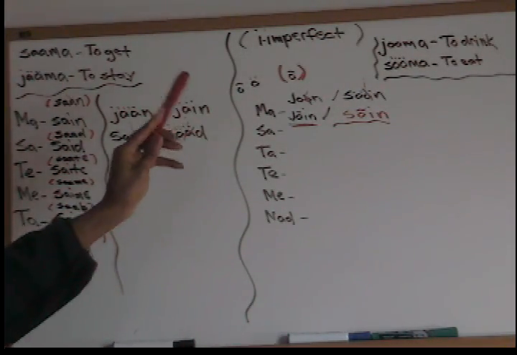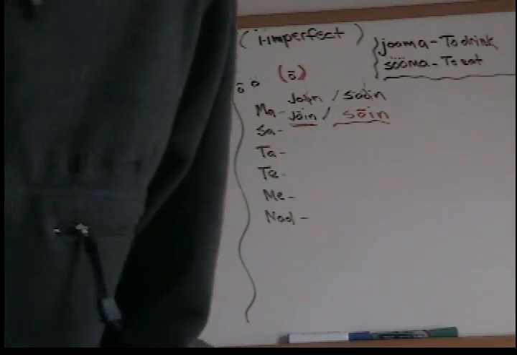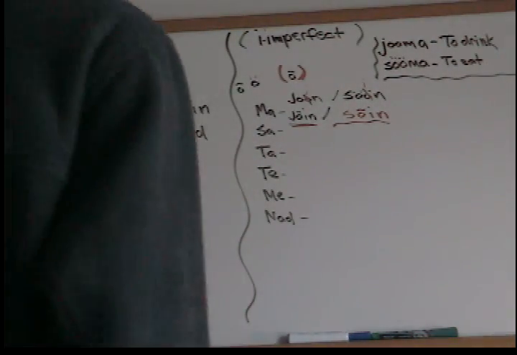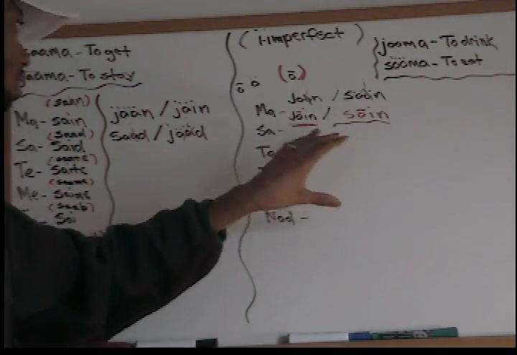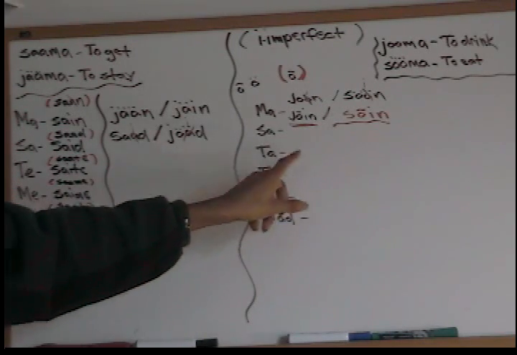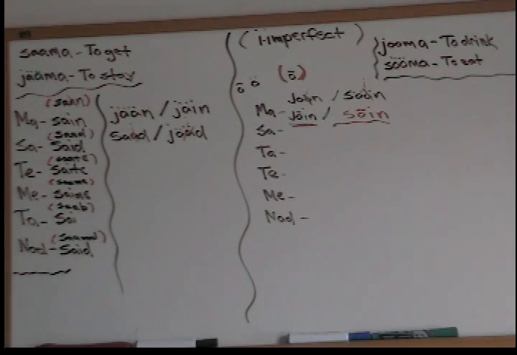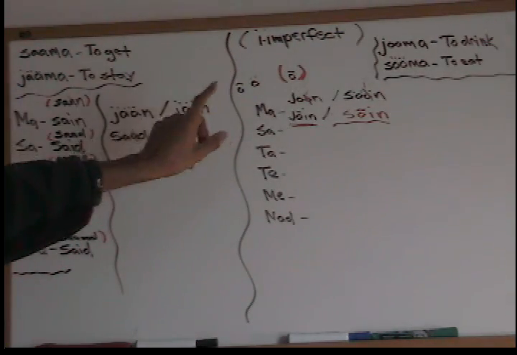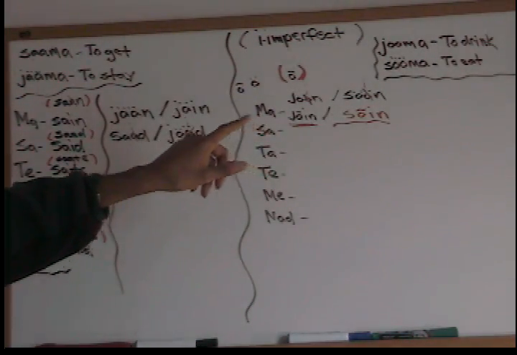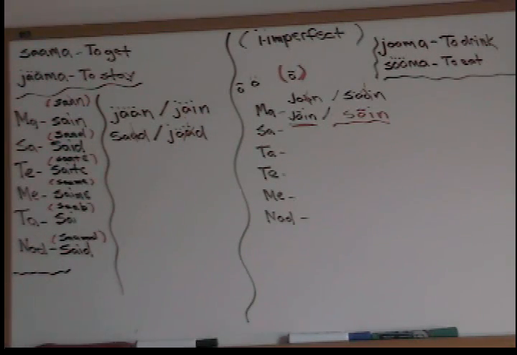Okay. So let's see what my time's looking like. I'm not going to fill this part in because it's the same rule. The same rule applies with these other personal pronouns. Now that's going to conclude this video for the imperfects. Like I said before, as long as you memorize all the 15 verbs, they will be looked at as irregulars.